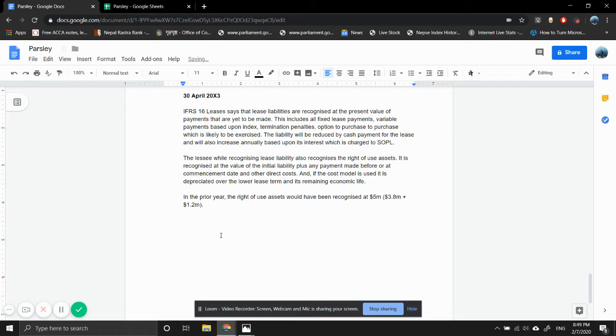So depreciation will be $1 million, which is basically $5 million divided by 5, will be charged.